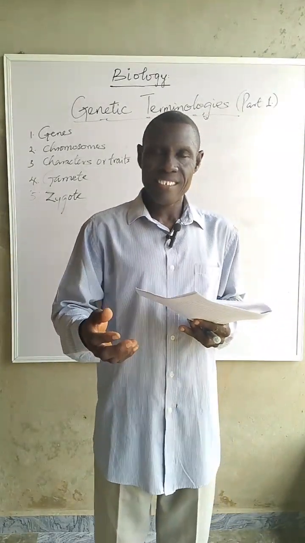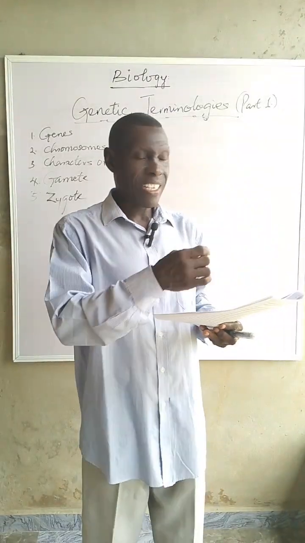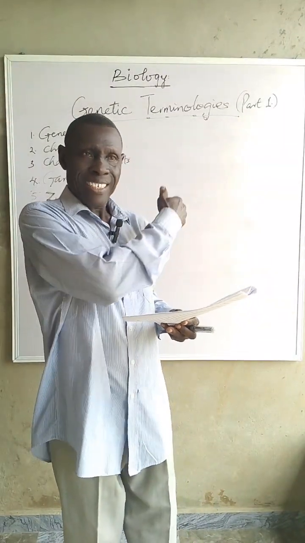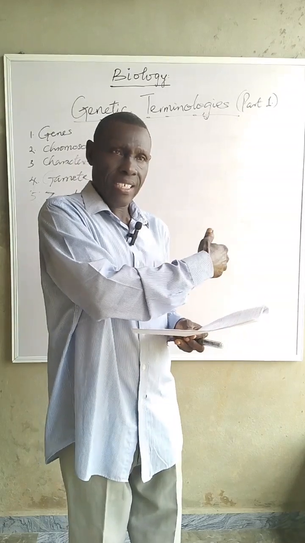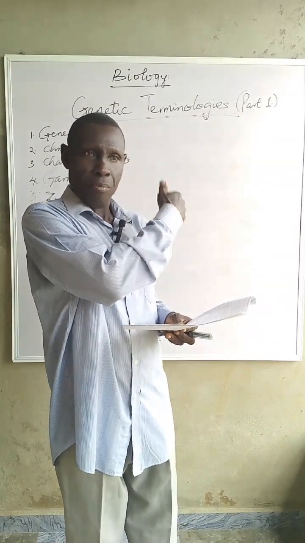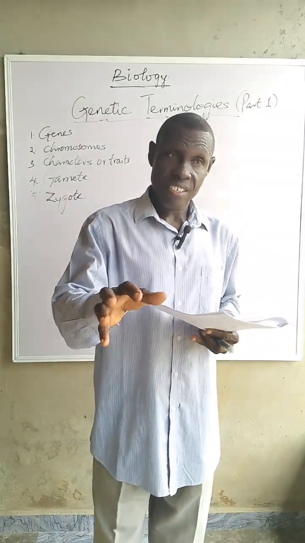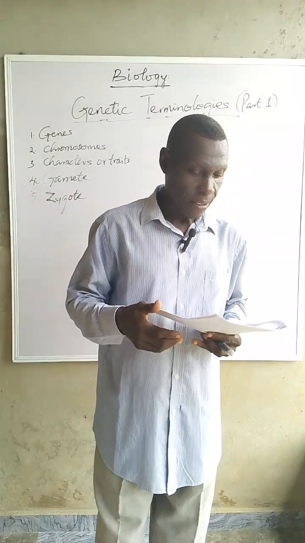These are certain characters. Even the color of the flower, the size of the leaf, which we have treated recently. I said transmittable characters in animals and also in plants. That is in the previous lectures, you saw them. So I will call them traits or characters.